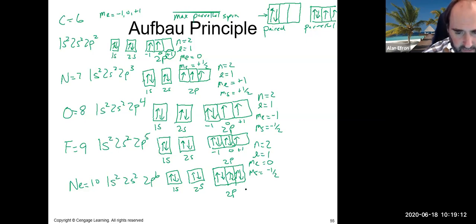And at this point, we now would have n equals 2 for that last electron. l is still going to equal 1. m sub l, we've now moved back to the plus 1 box. And our m sub s is minus 1/2.